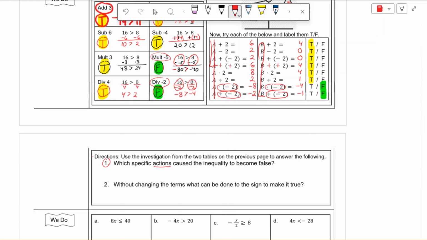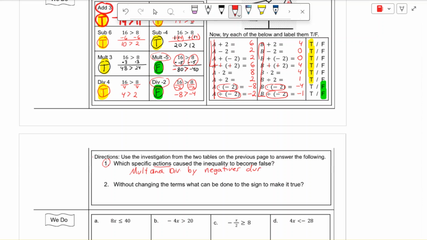Okay, in those moments, that's when we had the errors. So what specific actions cause the inequality to become false? It looks like when we were multiplying and dividing, specifically by what? Negatives.